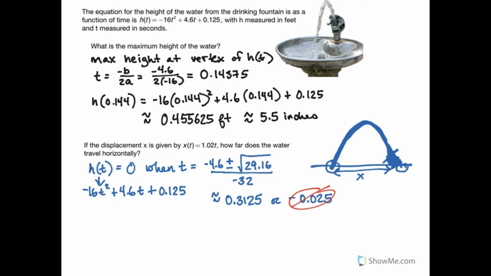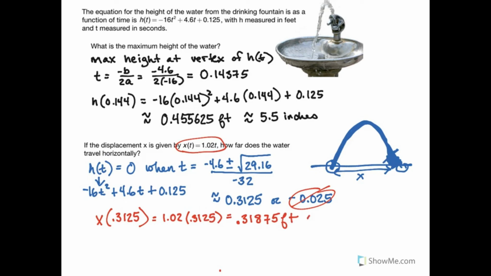And what we're going to do is take that value of t and put it in the x equation here. So x of 0.3125 is going to give me the horizontal displacement. And that just means multiplying by 1.02, because that's what the equation says. And when I do that, I get 0.31875 feet.